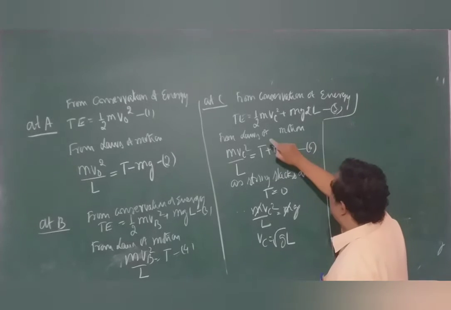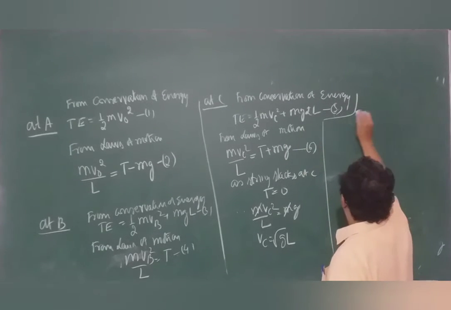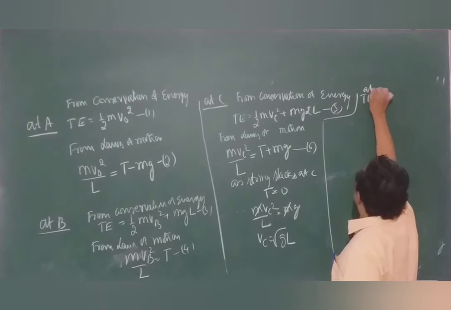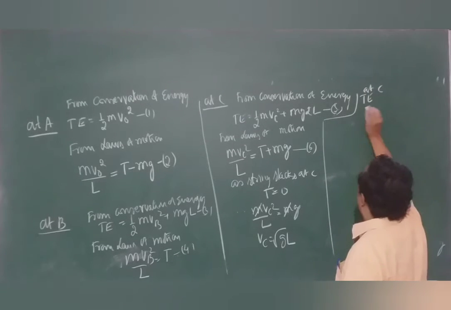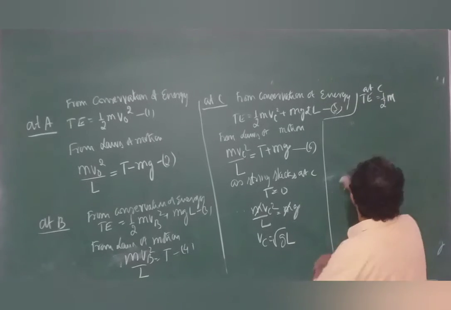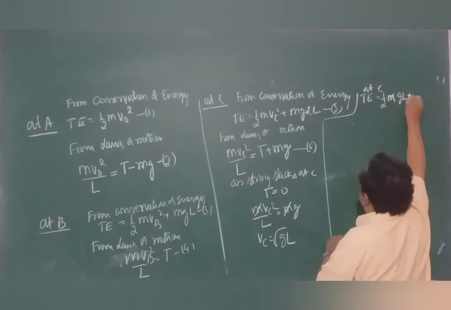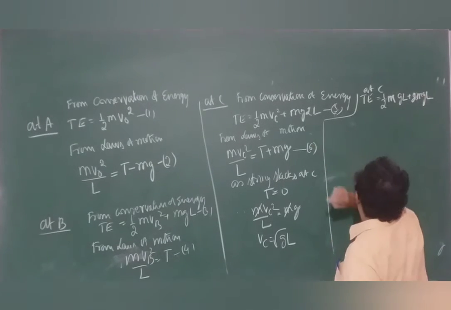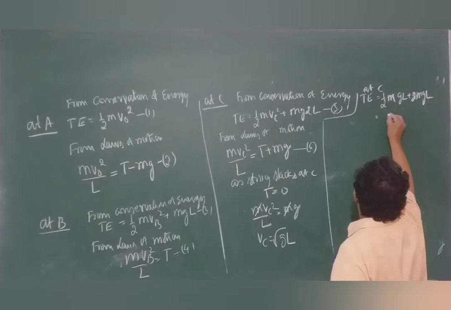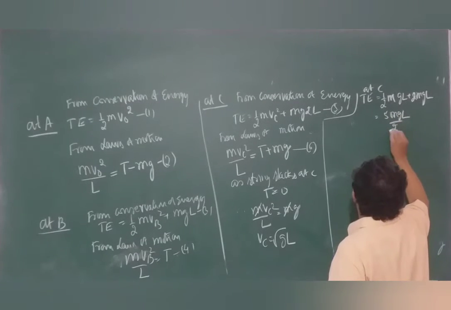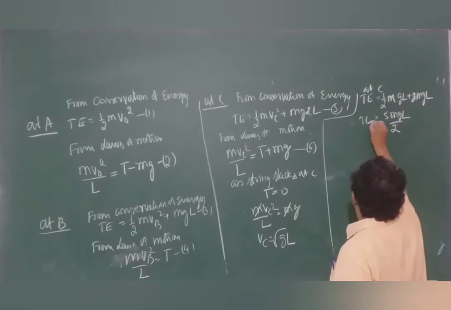Observe carefully. Total energy TE at C, I write half m Vc square, which is gL, plus 2mgL. Therefore, what we get is 5mgL by 2 is total energy at C.